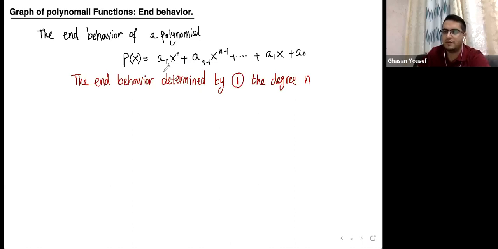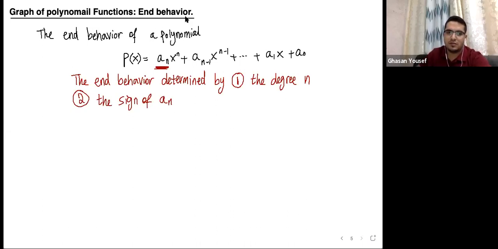It's odd or even. Number two, the sign of the leading coefficient a_n, this one, positive or negative. This is what I mean, the sign of a_n. Is it positive or negative?